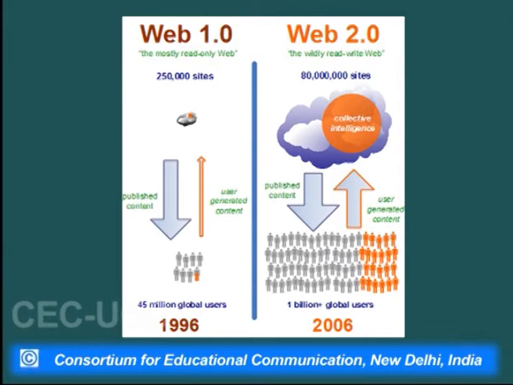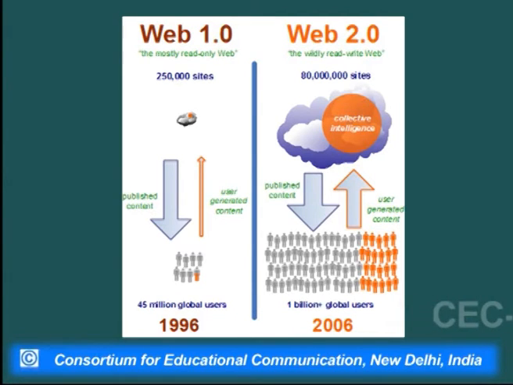Here you can read the information as well as write the information. Earlier, more than 50,000 sites were there, and now imagine, 80 crore, many crores of websites are available to do both interactive activity.